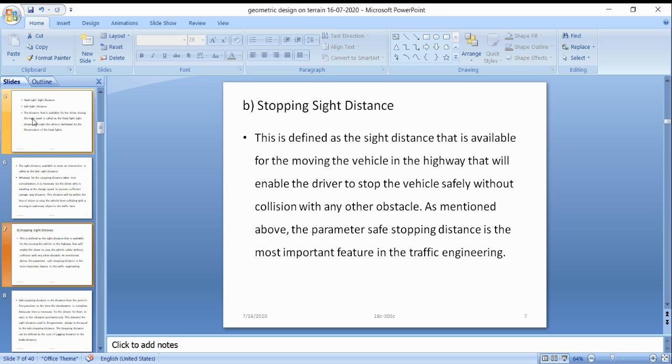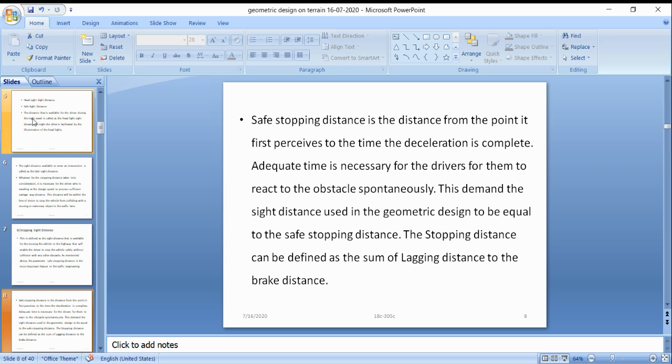For any stopping sight distance, some distance should be there. If he applies the brake, the vehicle will not stop at that location only. It will move forward. That stopping sight distance should be there for a vehicle, so that is the main parameter, the safe stopping distance.